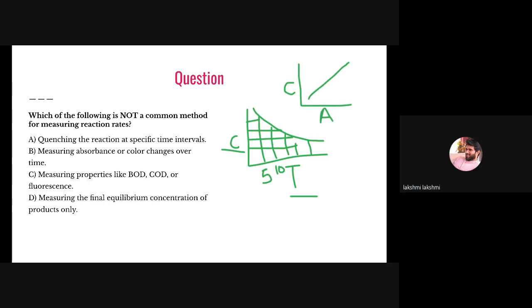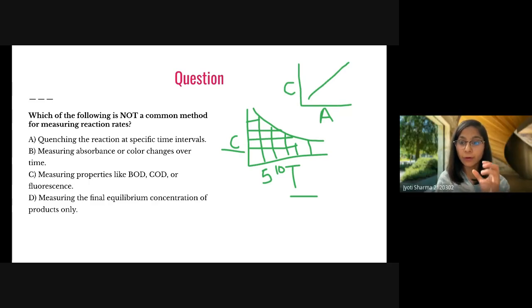If you have more sodium, or let's say chloride, in the solution, the light absorbed by this solution will be more if the concentration is more. So based on the absorbance of the light versus the change in the concentration over time, you can also calculate this reaction rate. So this is also right.